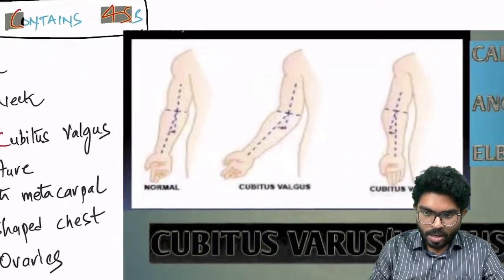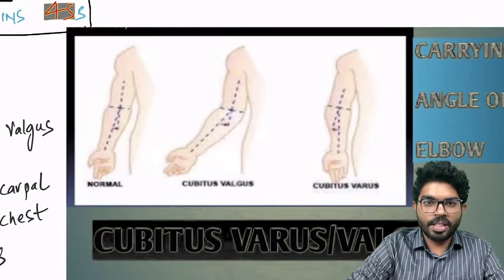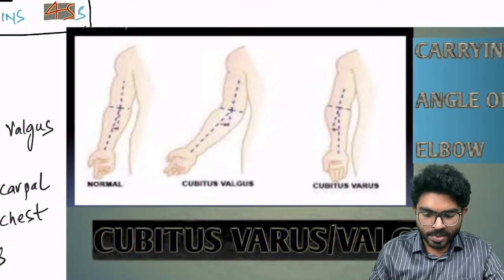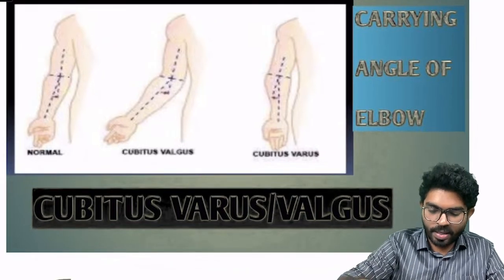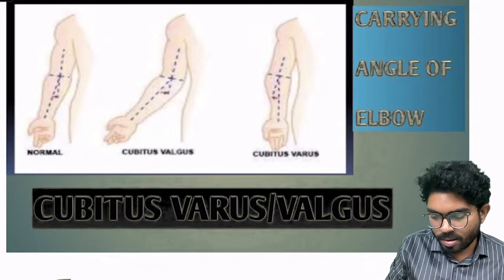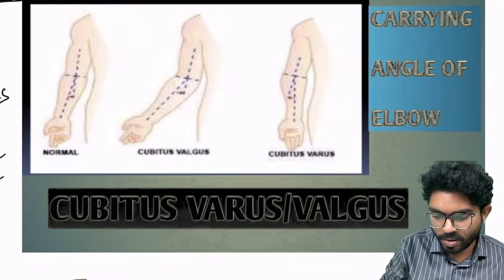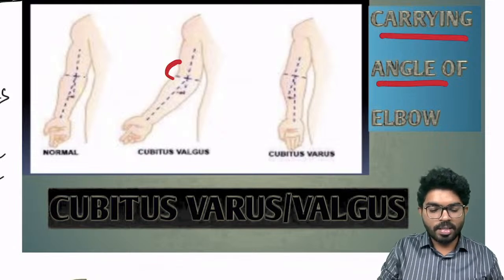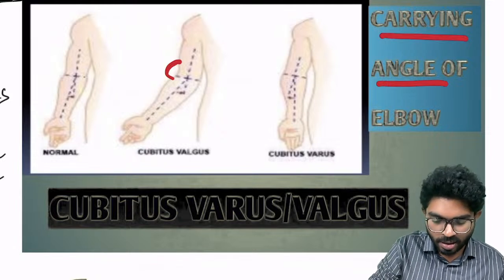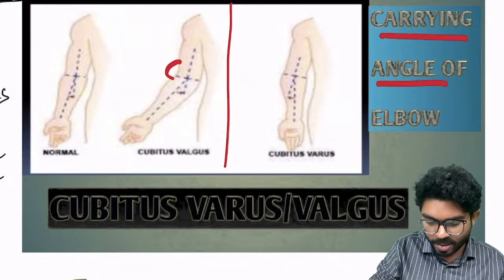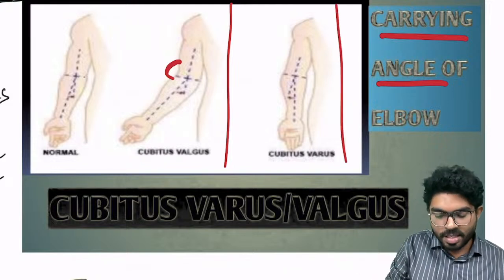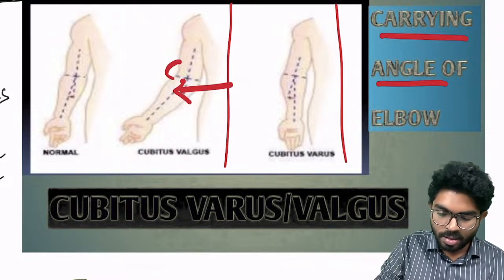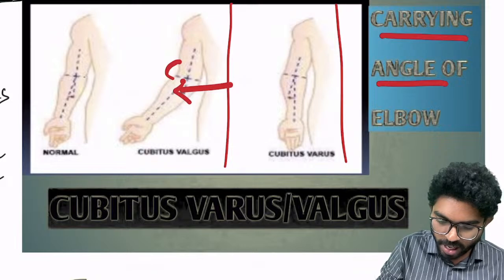There is one more important variation we need to discuss, called the carrying angle. Carrying angle is the angle formed whenever we carry or hold things. This is the normal condition, with the midline here.